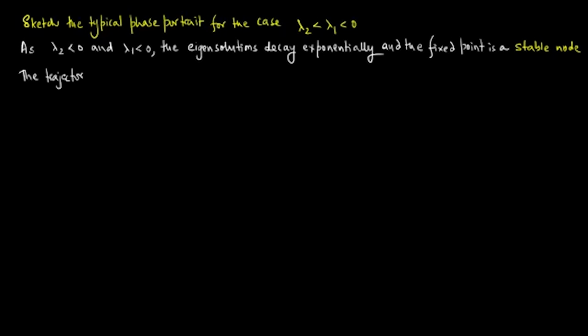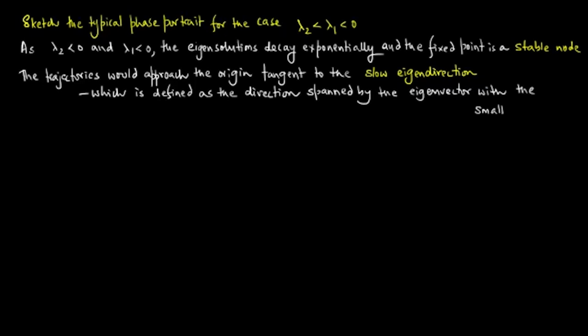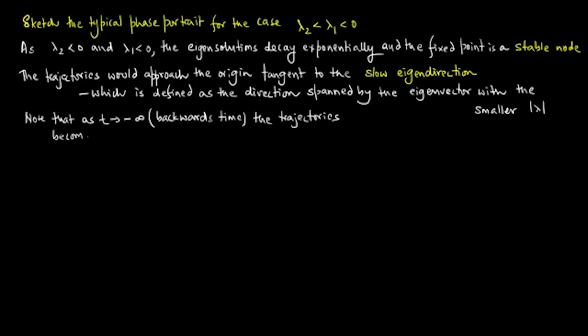The trajectories would approach the origin tangent to the slow eigendirection, which is defined as the direction spanned by the eigenvector with the smaller absolute value of lambda. Note that as t tends to minus infinity, that is going backwards in time, the trajectories become parallel to the fast eigendirection.